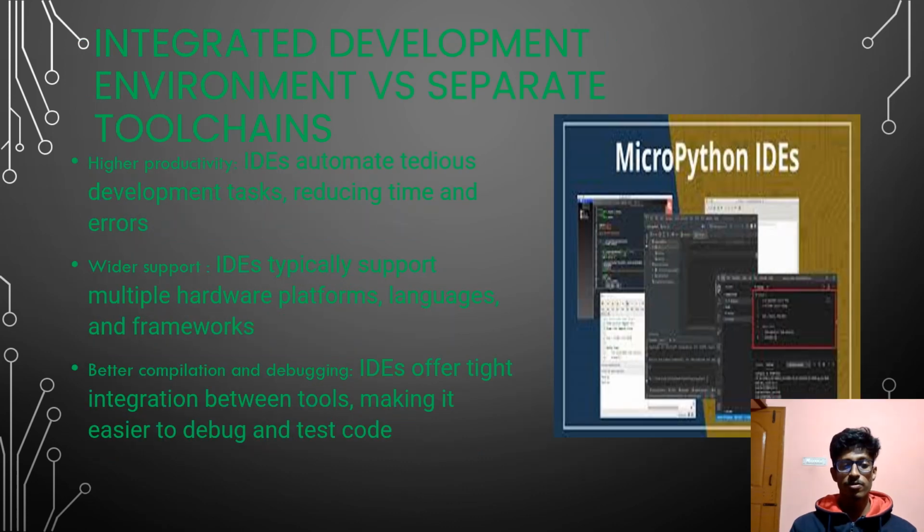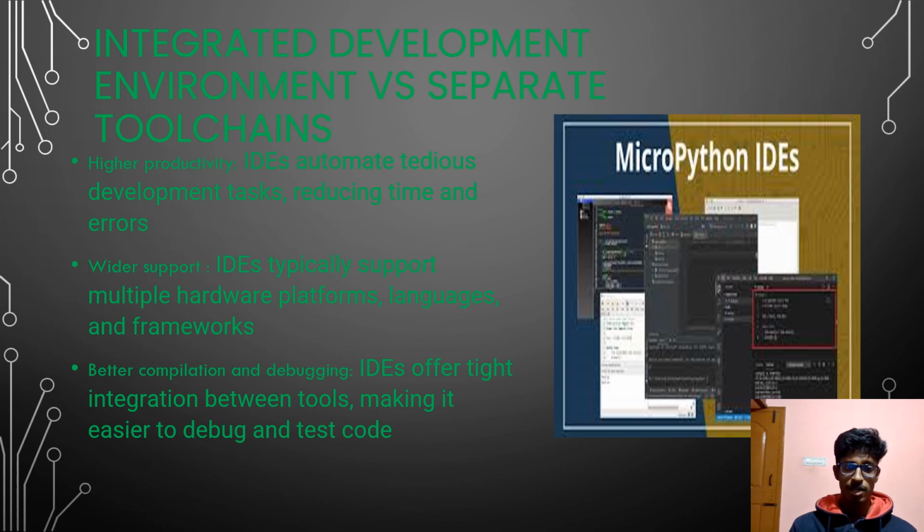The next topic we're going to talk about is integrated development environment versus separate tool chains. By using IDEs, what advantages are we going to have versus the separate tool chains? Higher productivity: IDEs automate tedious development tasks, reducing time and errors, which means it reduces the time taken to do your tasks, making the work faster.